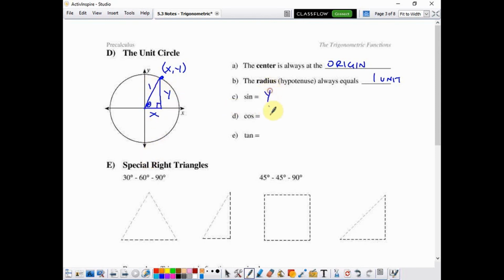So in a unit circle, the sine value is the y value. The cosine value in a true unit circle is x over 1, or x. And tangent is opposite over adjacent, y over x. So there's going to be times doing trig when a unit circle is appropriate, and sometimes when a circle with a radius other than 1 is appropriate.